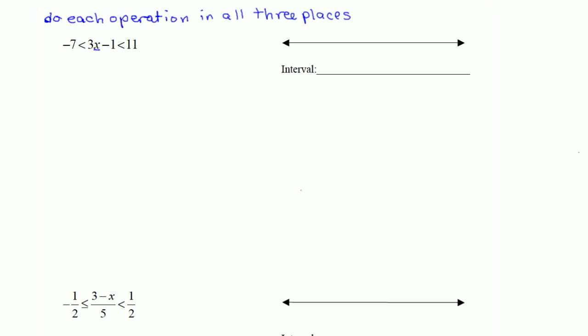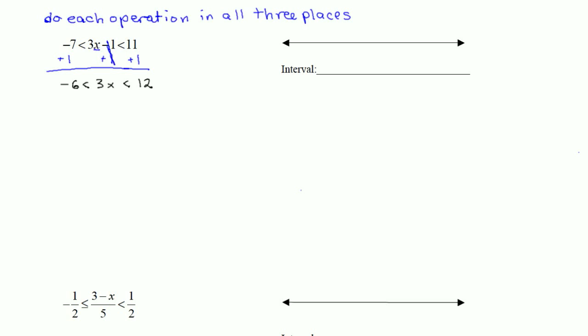This x is in the middle. I know I need to add 1 to get that minus 1 away from the x. If I do it in the middle, I have to also do it on the right and the left. I can't just do it in 2 out of the 3. I have to do it in all 3 places. As long as I do this in all 3 places, I can solve this inequality in this compact form quickly.